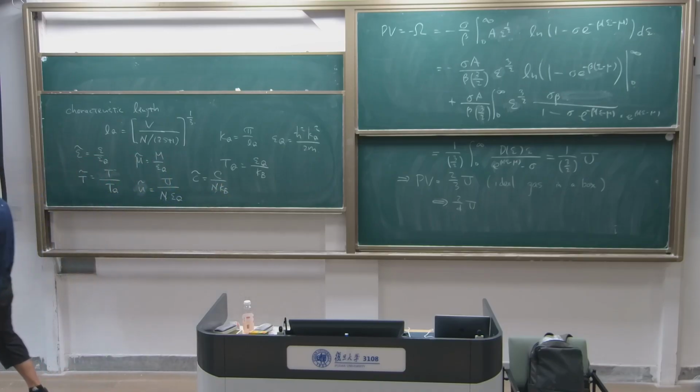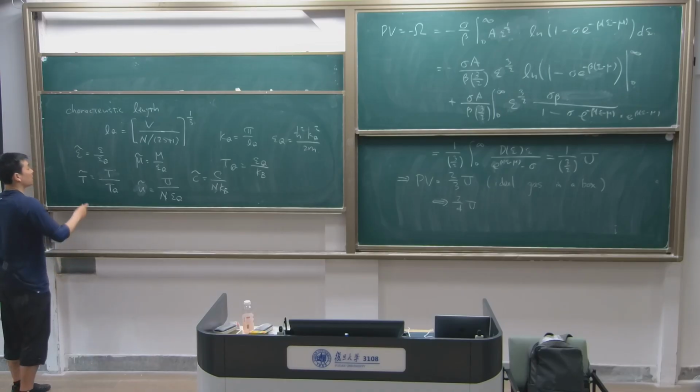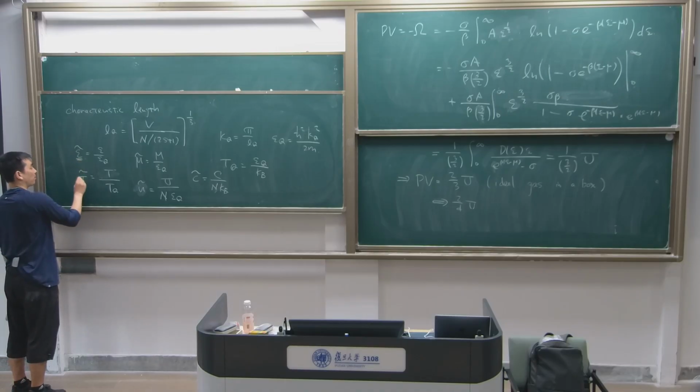So in this way, we just normalize appropriately, and then look at the tilde quantities.